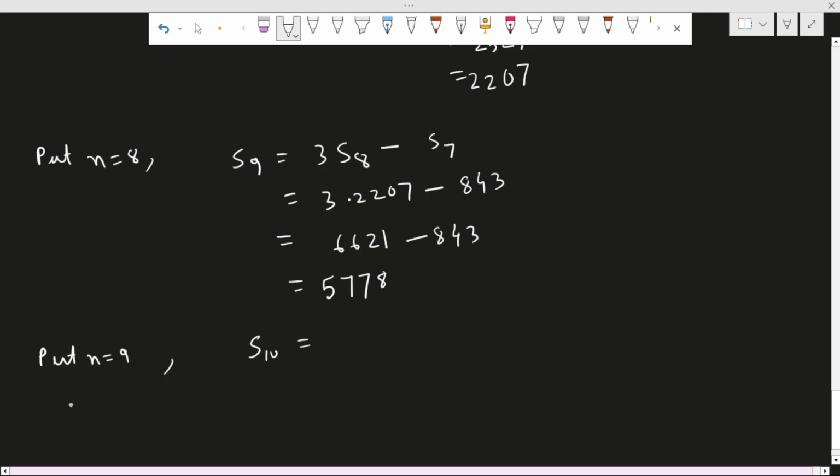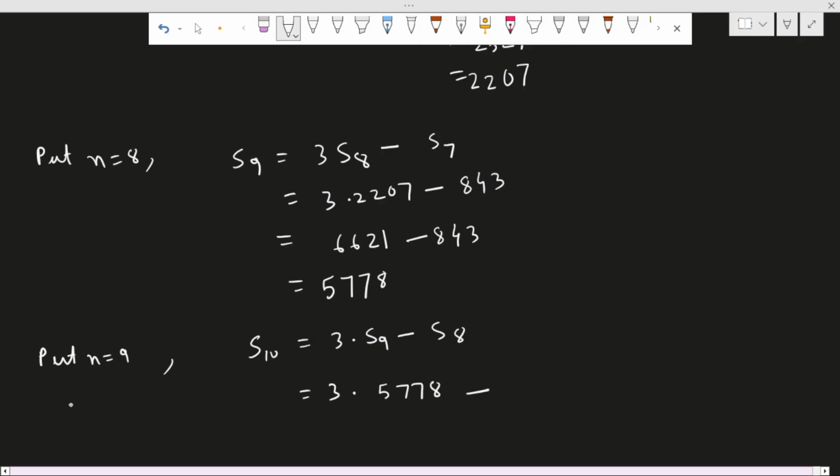S10 is equal to 3 S9 minus S8, where S8 is equal to 2207.